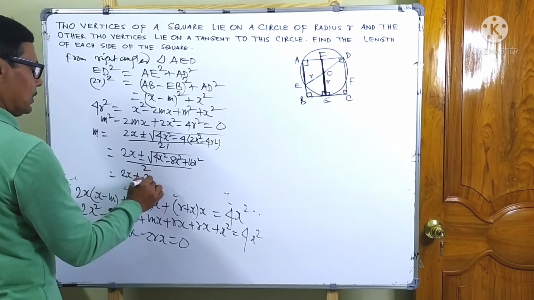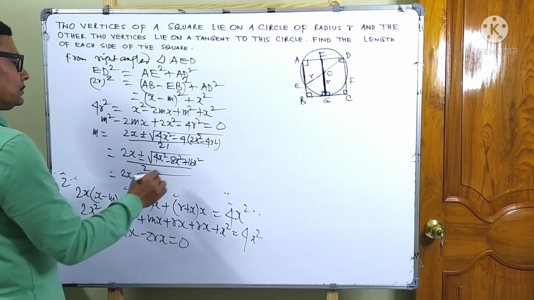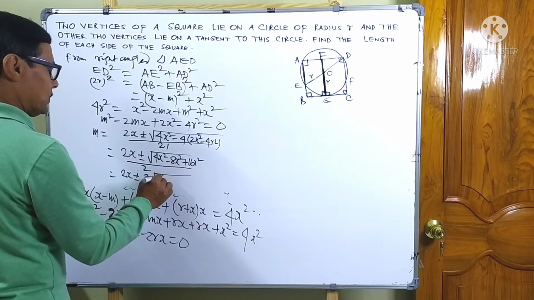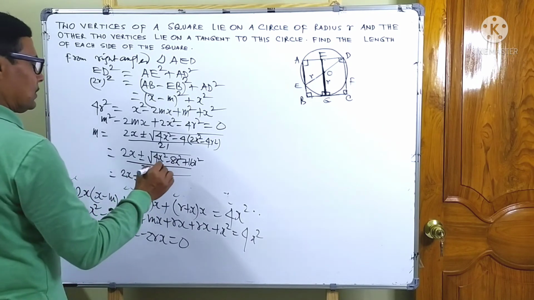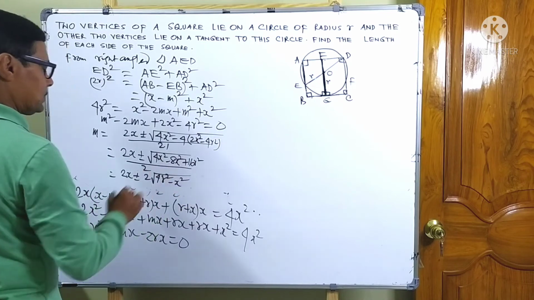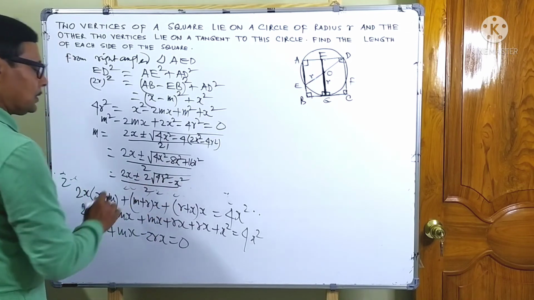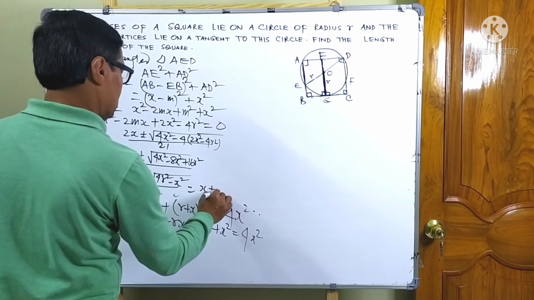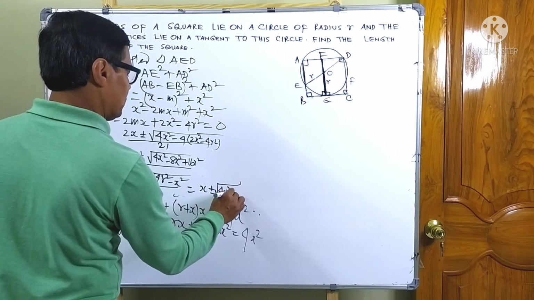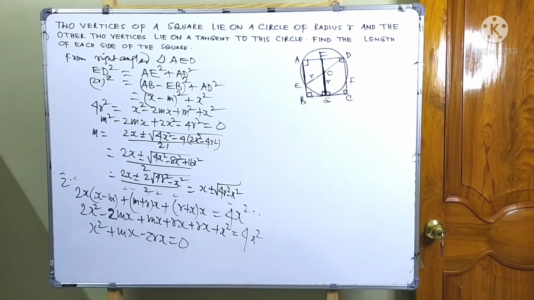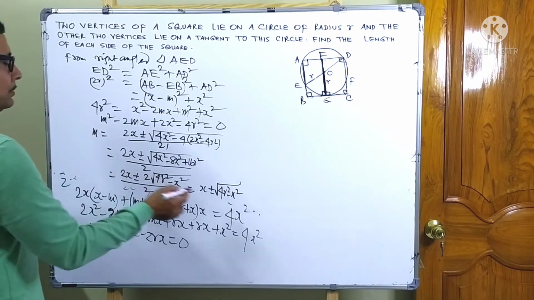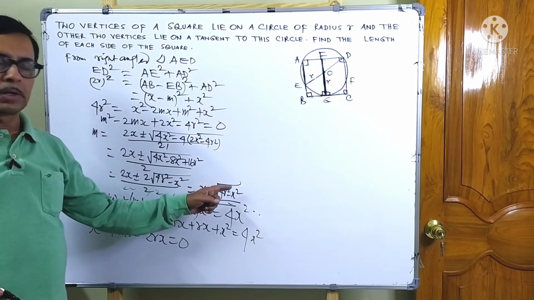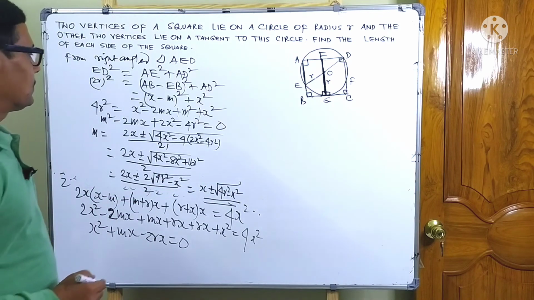So, we can write 2 multiplied by root of (4r square minus x square), over 2. This is equal to x plus minus root of (4r square minus x square). These are the roots of m.